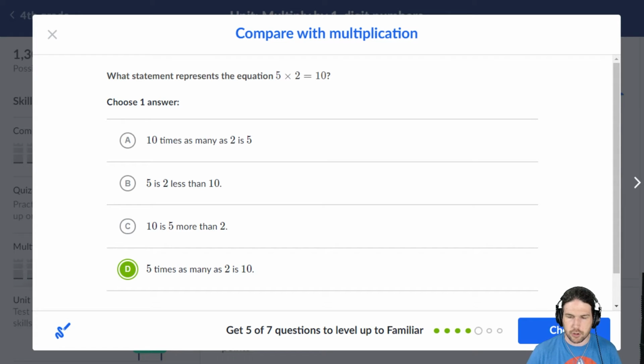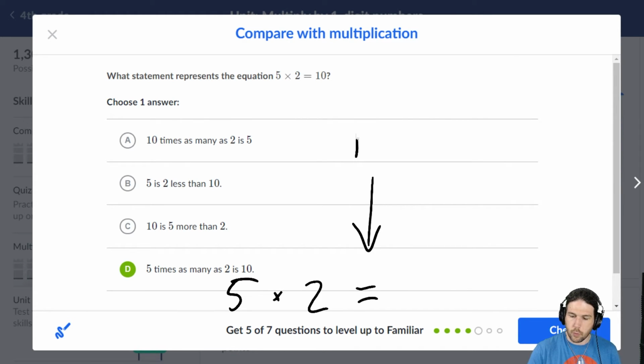The reason why it's structured that way is because it's an equation, right? 5 times as many as 2 is, and the word is almost always means equals in an equation, 10.